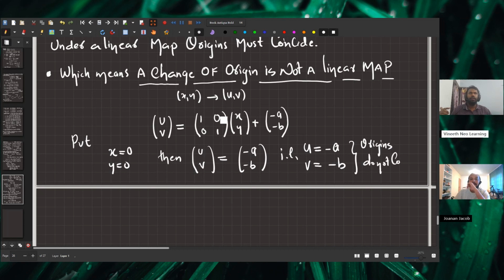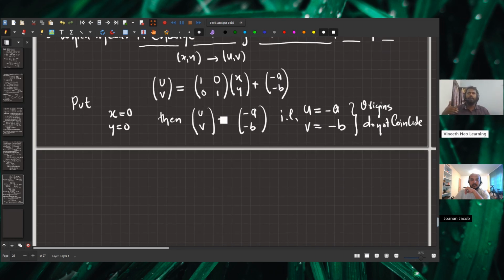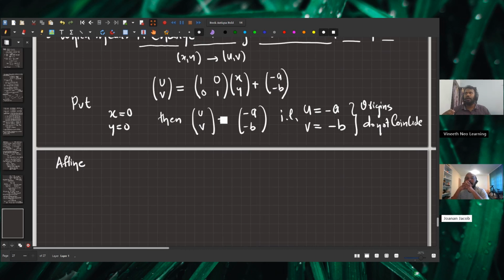But let's look at an affine transformation without change of origin.